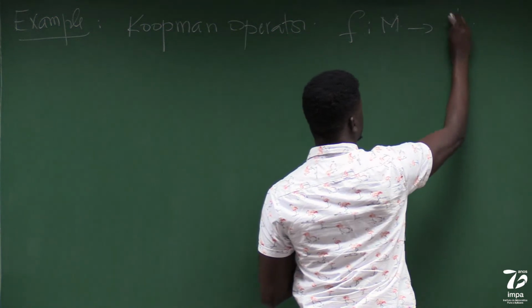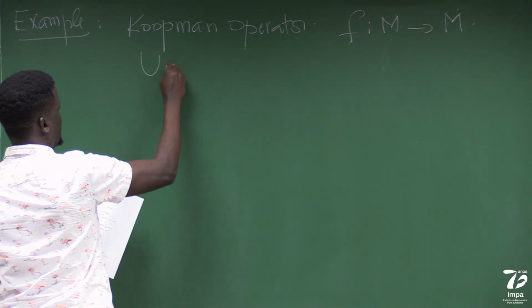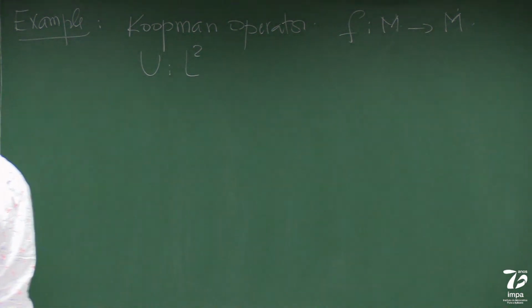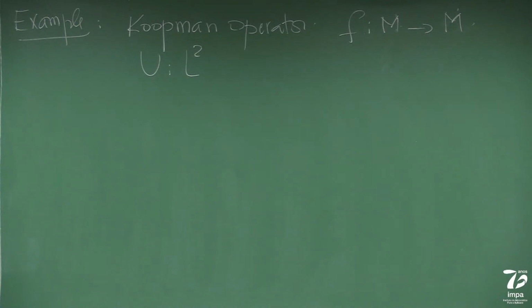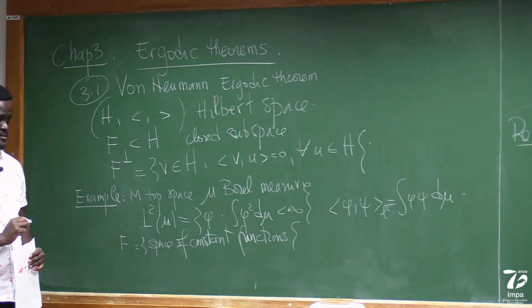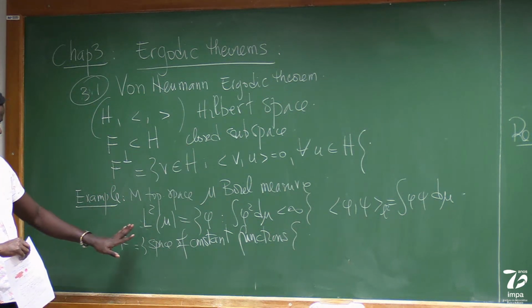So you have your system, and U from L2 to L2. Oh, sorry, I used something wrong here. I should not use little l, I should use big L.